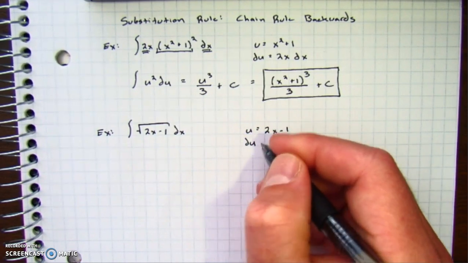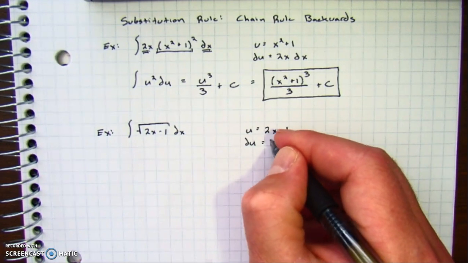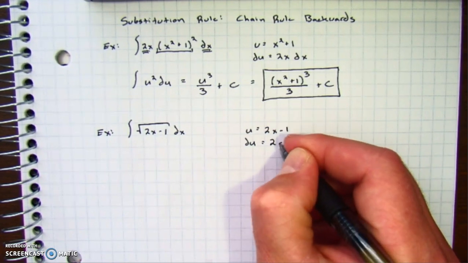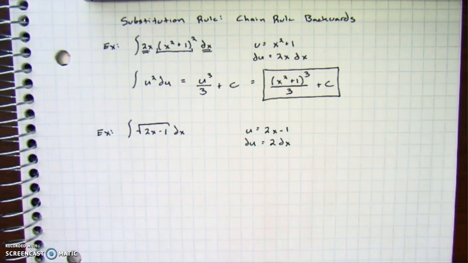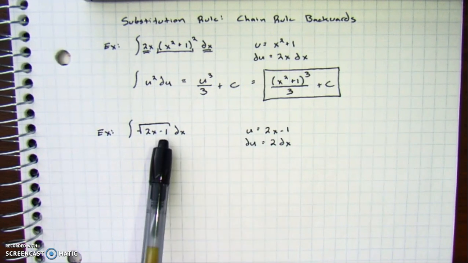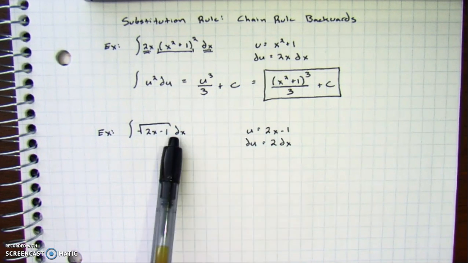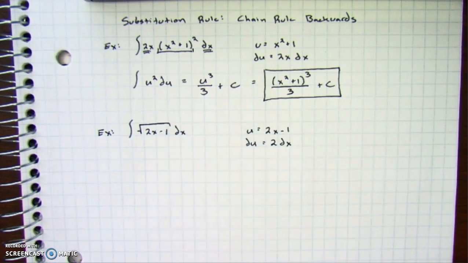then my du is going to equal, well, the derivative of that is 2, so 2 dx. Looking back over here, I see that I have a square root of u, but there's no 2. That's okay, because we can work around that by multiplying by a constant eventually.